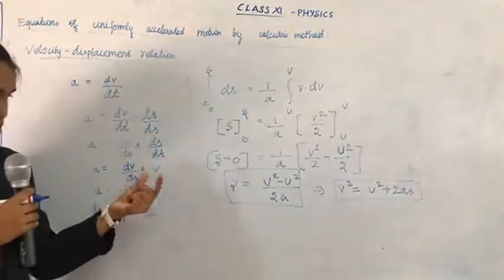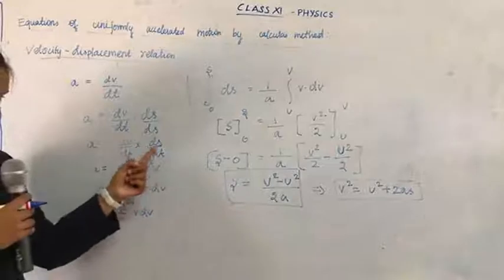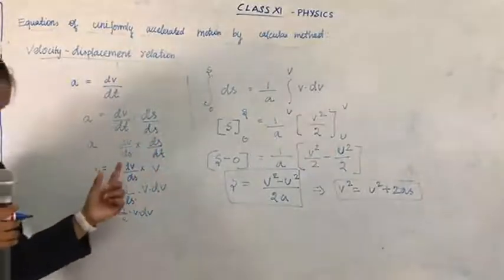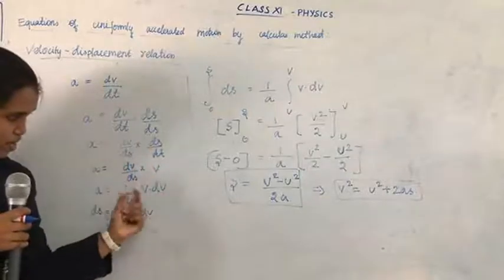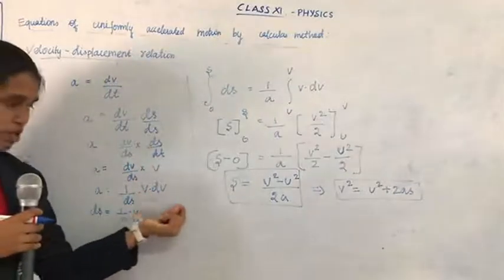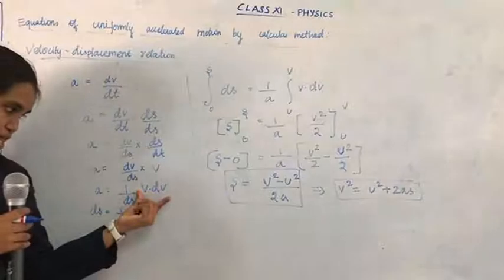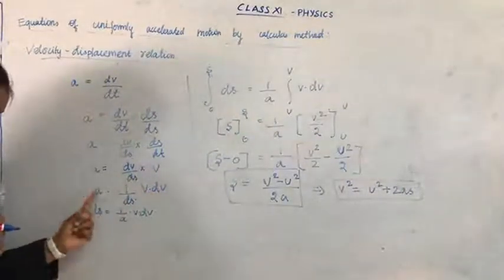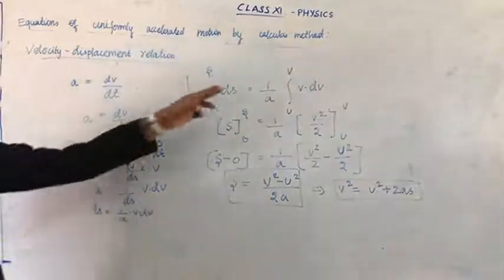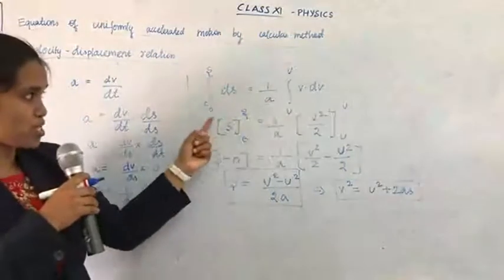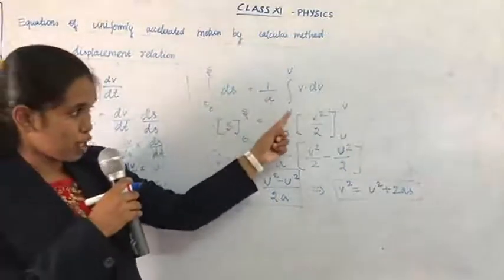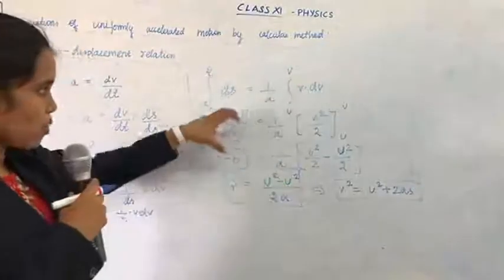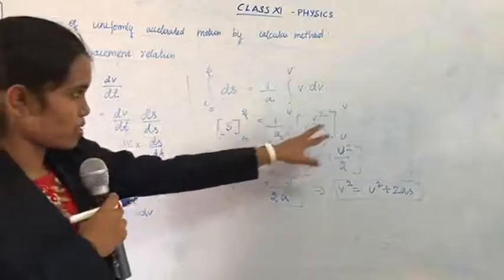It is the velocity, and you are replacing ds by dt with velocity. Now there is v dv, and 1 by ds here. Then transfer ds here and a comes here. Now putting the integration, ds from 0 to s, and here initial velocity u and the final velocity v. Now you apply the upper limit minus lower limit.